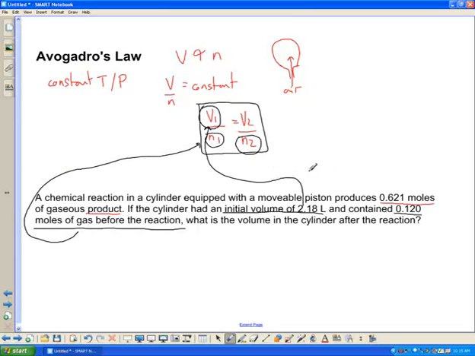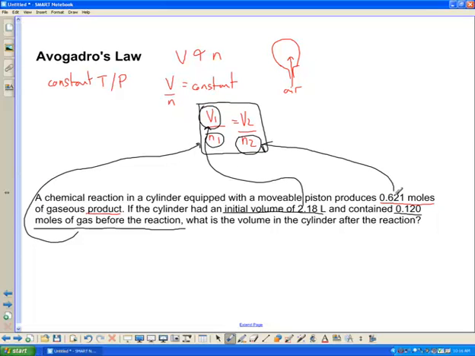So what we have to do now is figure out what we're going to do here. Now, as our V and N are directly proportional, as one goes up, the other should go up. So what's happening here?